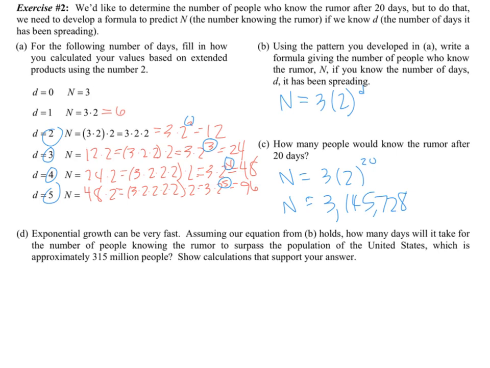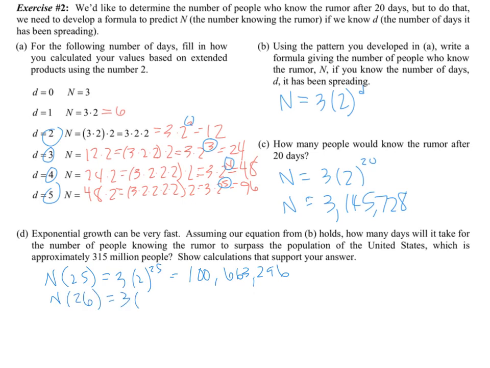Assuming our equation from B holds, how many days will it take for the number of people knowing the rumor to surpass the population of the United States, which is approximately 315 million people? So let's try 25 days. Well, at 25 days, we end up with 100,663,296. So not quite 315 million. So let's try 26 days.